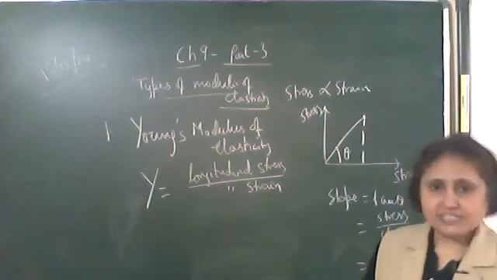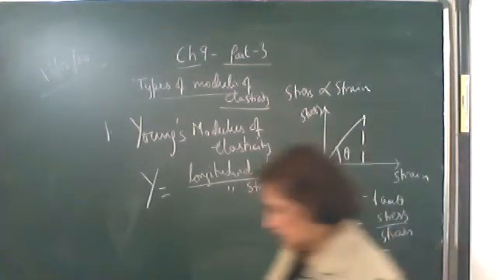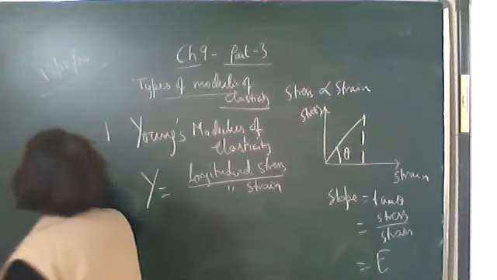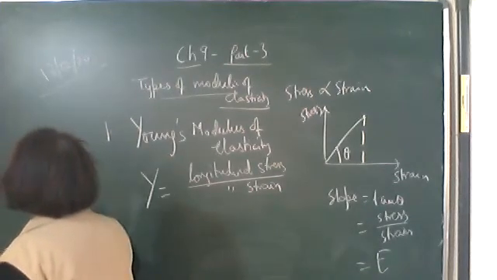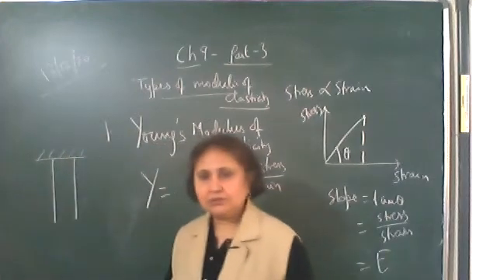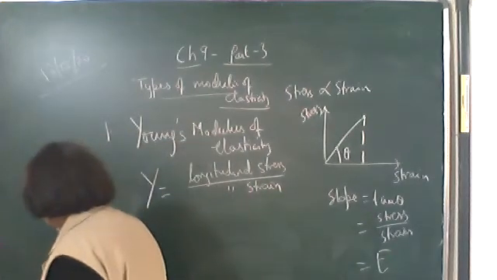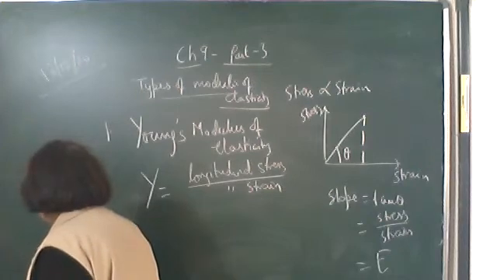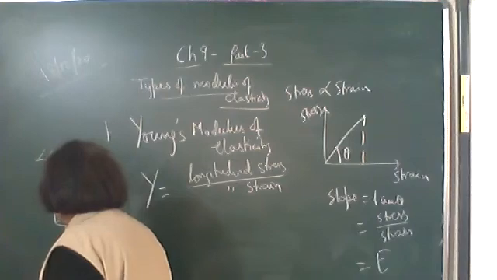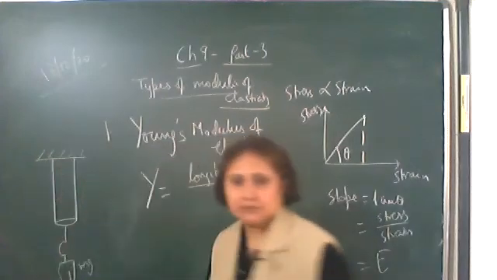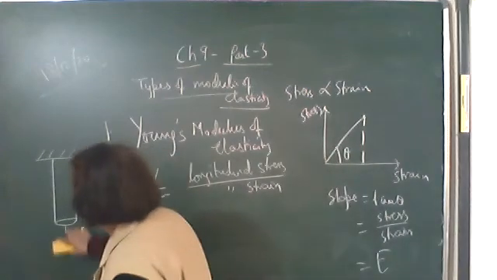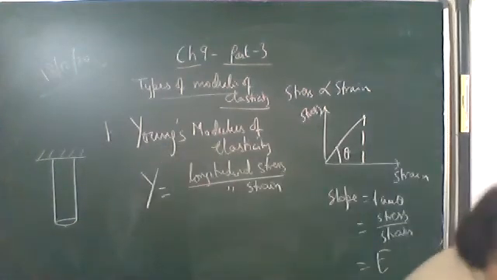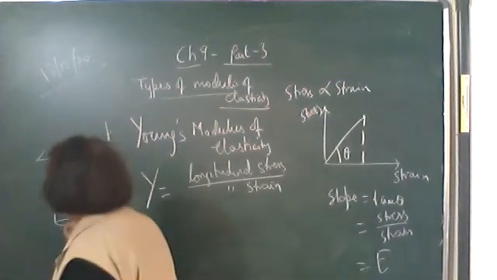Okay, now let's find its expression. Let there be a wire. One end of the wire is attached to a rigid support and the other end, which is the free end, is loaded by a weight mg.